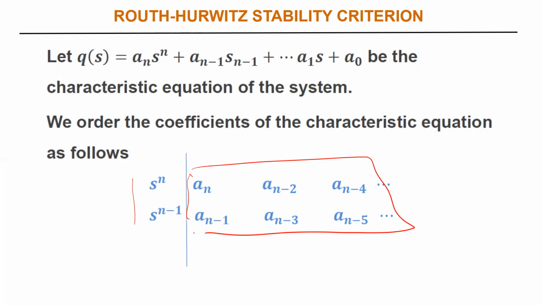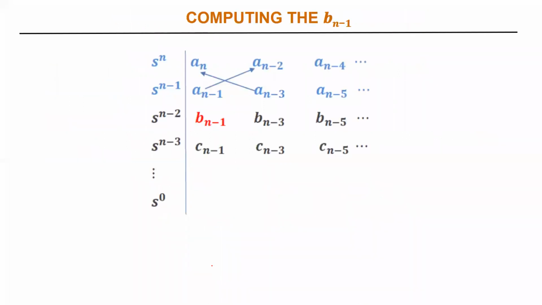What we want to do next is make the following matrix. The blue part is already given to you. I would like to calculate the third row.